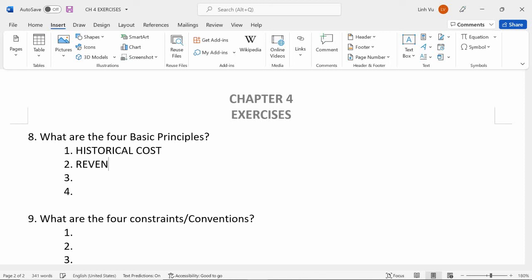Okay, I like to refer to it as revenue recognition. It's easier, but they're interchangeable. Matching, the matching principle, yes. And last but not least, adequate disclosure.